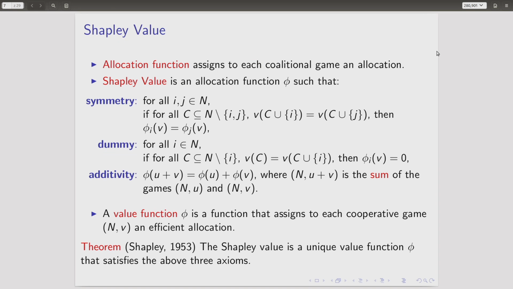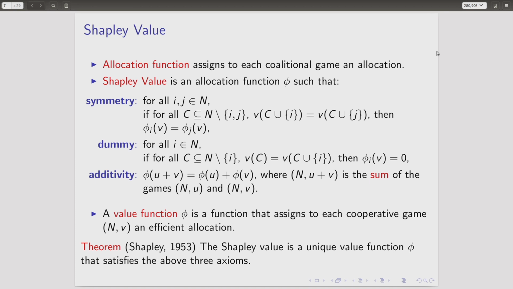Suppose that in game v, players i and j are actually contributing the same to every coalition. So if a coalition C wants to adopt and thinks, shall we go for i or shall we approach j? It turns out that no matter what coalition is selected, they face the same problem, that these two players offer the same added value. So then this function has to assign to these players the same value, the same number.